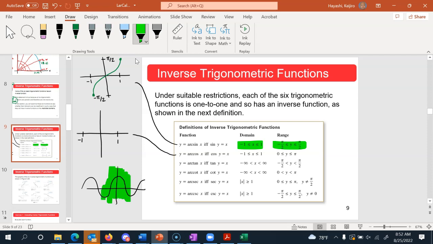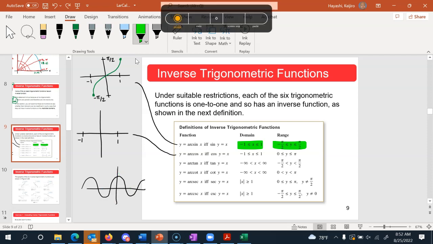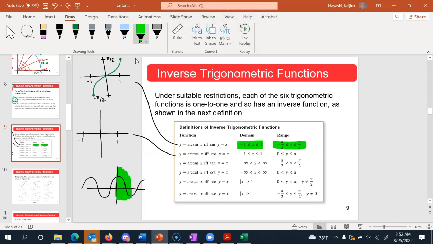That wouldn't be one-to-one. What would be one-to-one is if you restricted yourself to the domain 0 to pi. So that's what we're going to do here, and that's what gets flipped around to make our arc cosine. So if that restricted domain of cosine is 0 to pi, that then becomes the range of arc cosine.